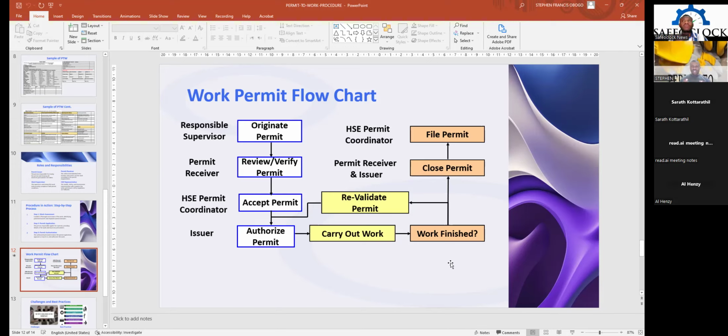Having done that, the next stage is that the permit coordinator will file the completed permit for record purposes.